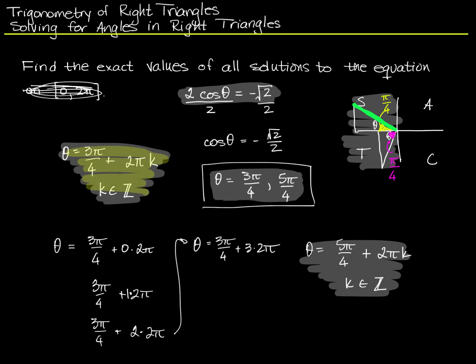This in yellow is the way your solution would look if you are not given an interval over which to find solutions. If you are given an interval, then you would want your solutions to look like this, right? My interval here was 0 to 2 pi, and I found all of the values in one rotation. All of the angles, this one here was 3 pi over 4, this one down here was 5 pi over 4.